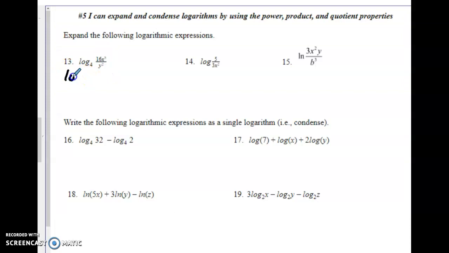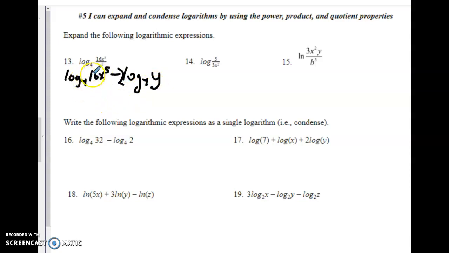So I'm going to start with log base 4 of 16x to the 5th minus log base 4 of y squared. Now, I'm going to do this in one step, so hopefully you'll understand this. Instead of writing y squared, expanded form says I take the exponent and put it out in front. So I'm going to do that right now.